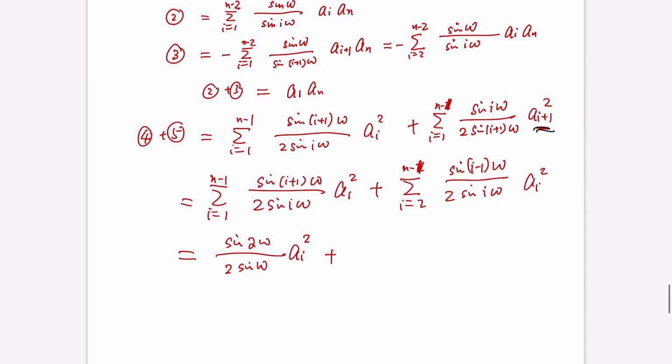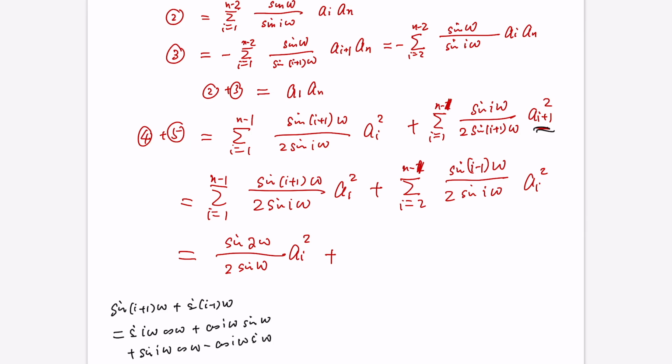But let's write a separate identity here. Sine I plus 1 omega plus sine I minus 1 omega is, you expand it, you get sine I omega cosine omega plus cosine I omega sine omega. And the second term is sine I omega cosine omega minus cosine I omega sine omega.